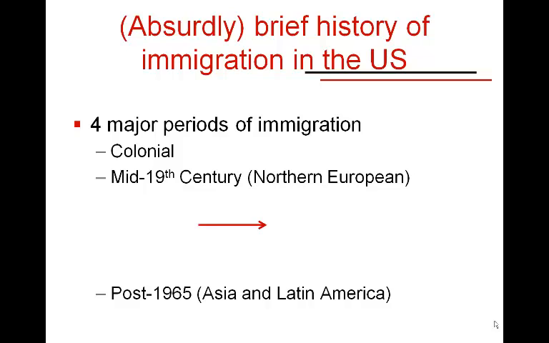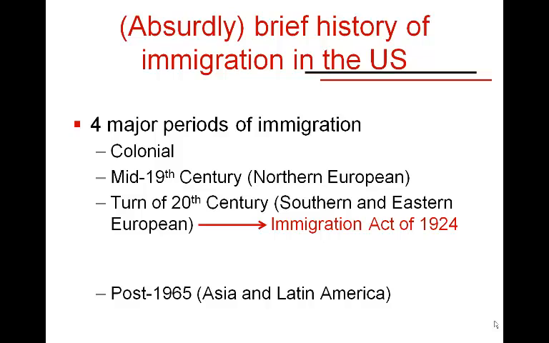With the influx of more individuals coming from Southern and Eastern European countries, we had the emergence of a lot of anti-immigrant sentiment and concerns about the loss of some idealized notion of white homogeneity in the population of the U.S., and therefore the Immigration Act of 1924, which set an annual quota for certain nationalities at 2% of the number of foreign-born persons from that nationality who were resident in the continental U.S. in the year of 1890.